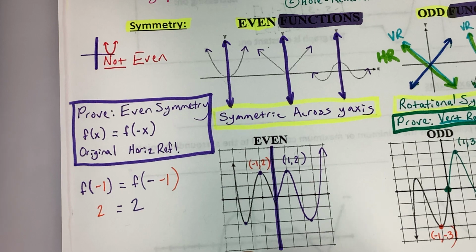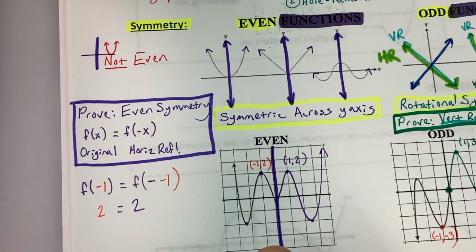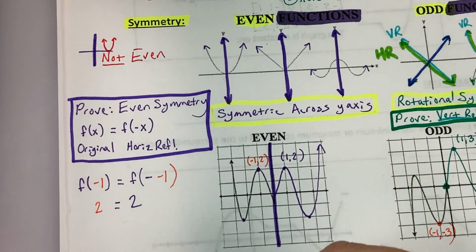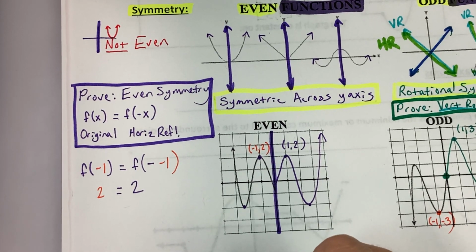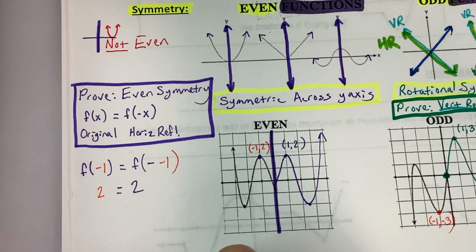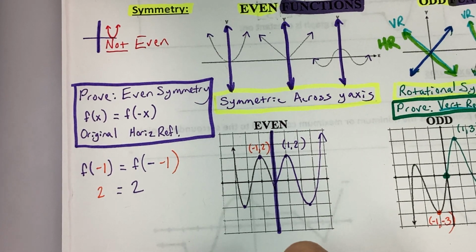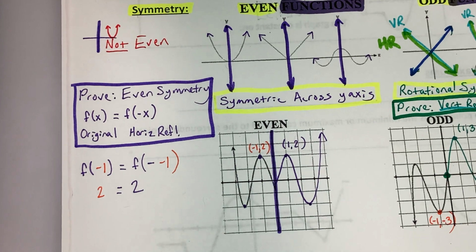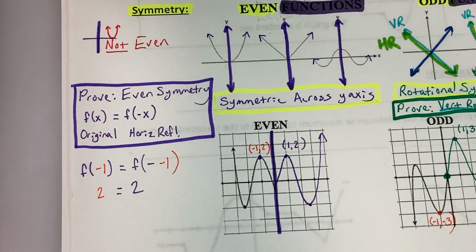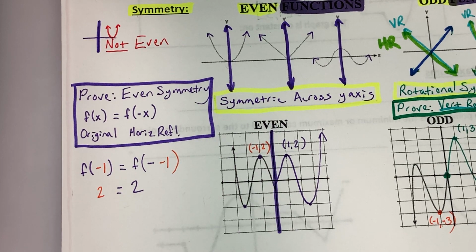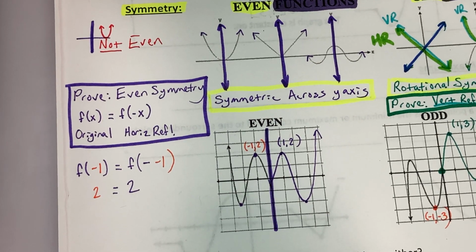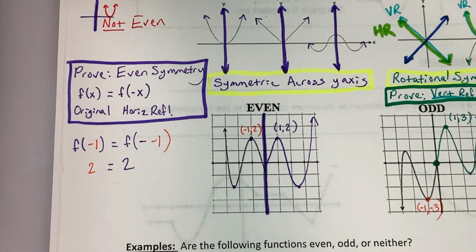So is the original, this guy, the same as horizontally reflecting it? And how do we horizontally reflect it? We apply a negative inside with the x. So f of negative x, that's what horizontally reflecting our function looks like.